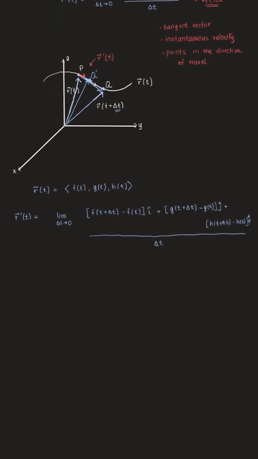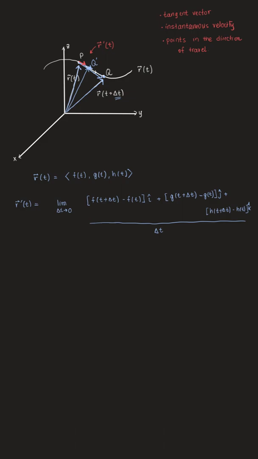We can separate this into three limits, since we know that evaluating limits of vector functions, we can evaluate them component-wise. We're going to get that r prime of t will be the limit as delta t approaches 0 in our first component of f of t plus delta t minus f of t over delta t, and this is i hat, plus, again, the limit of the second component, the limit as delta t approaches 0 of g of t plus delta t minus g of t over delta t.